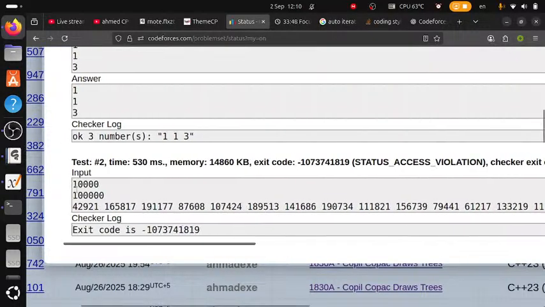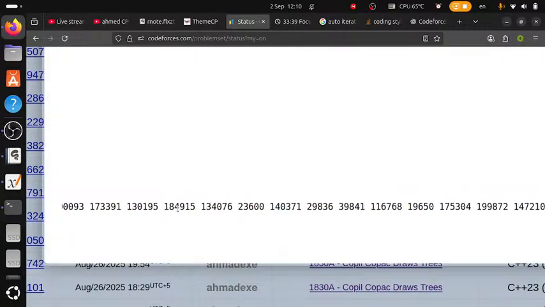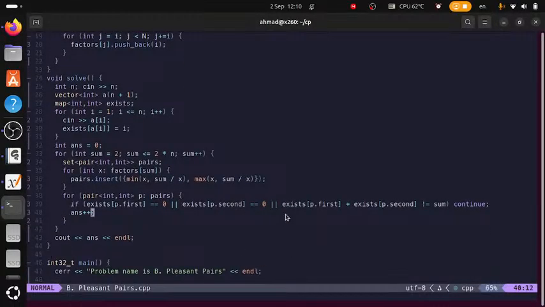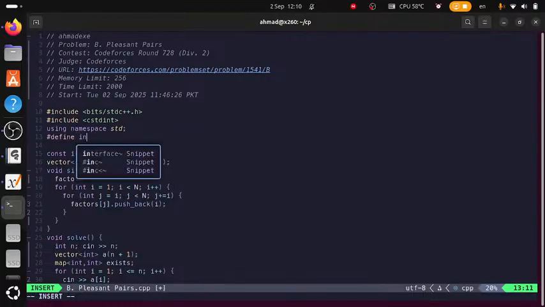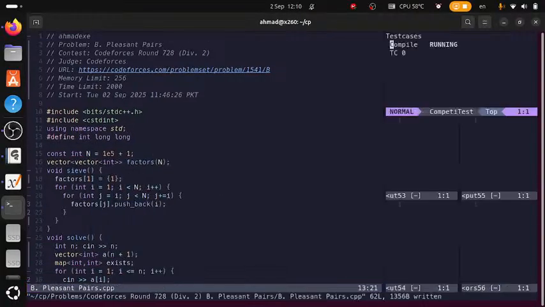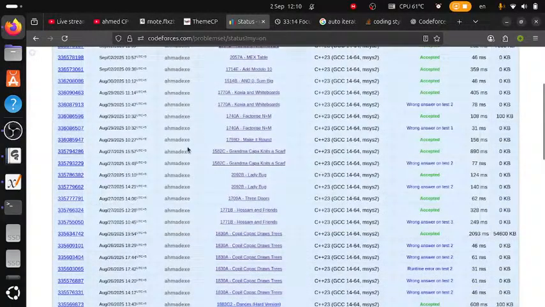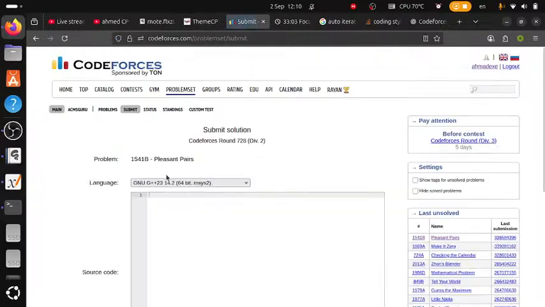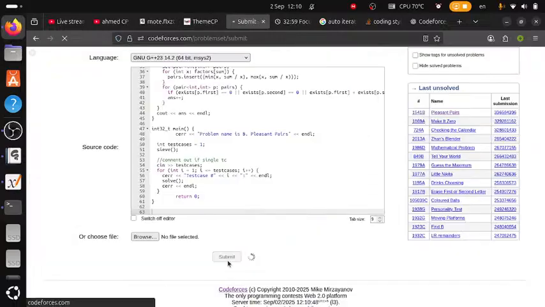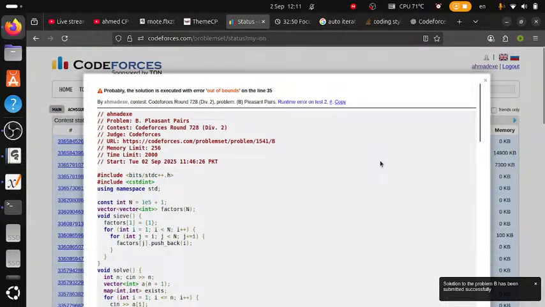Runtime error is happening. So why is there a runtime error? Out of bounds on line 35.